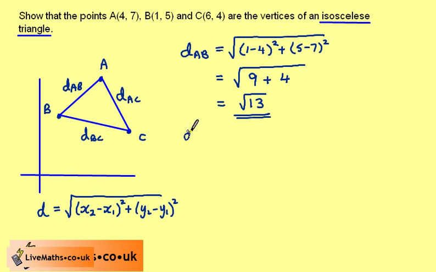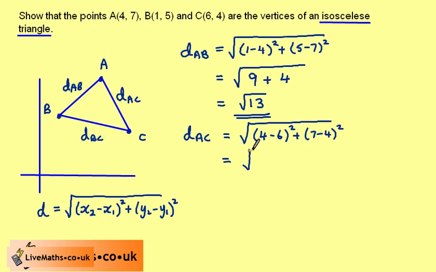Now calculating DAC, the distance between A and C, we know that the x-coordinate of A is 4 and of C is 6. So we're going to do the difference in the x-coordinates, 4 minus 6 squared, add the difference in the y-coordinates, so that's 7 and 4 for C, so 7 minus 4 squared.